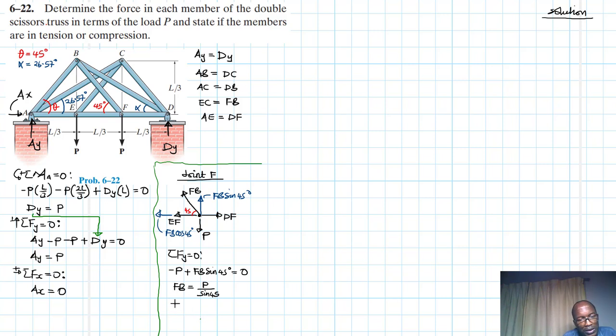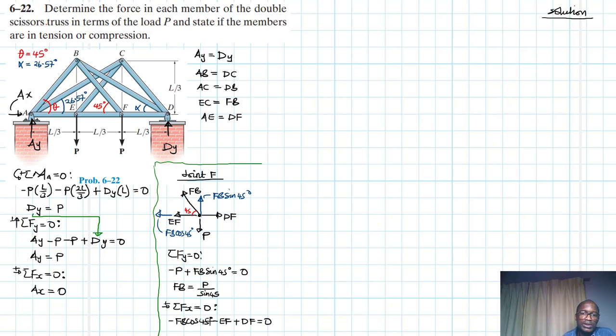And then the other equation, we are saying summation of forces in the x direction equal to 0. That one we have minus FB cos 45 minus EF plus DF equal to 0.